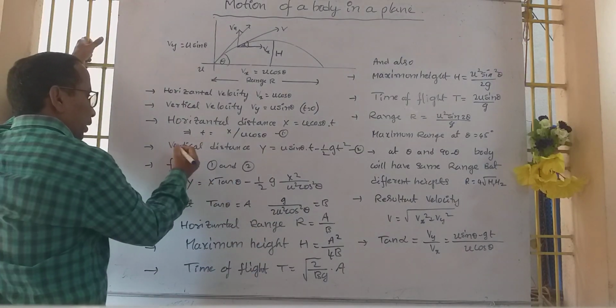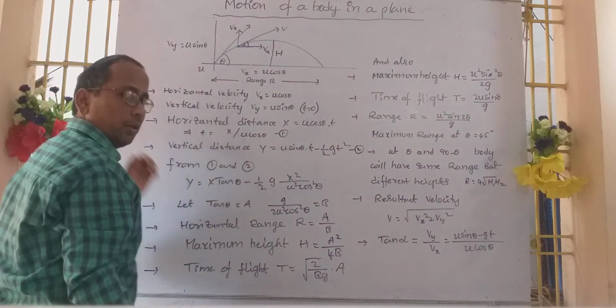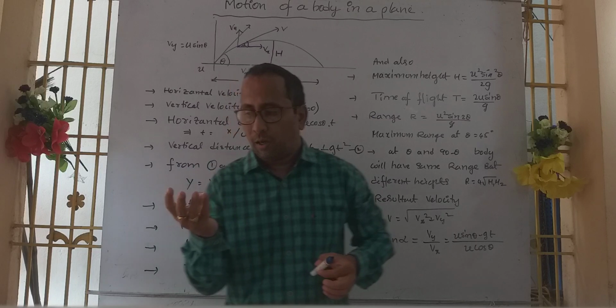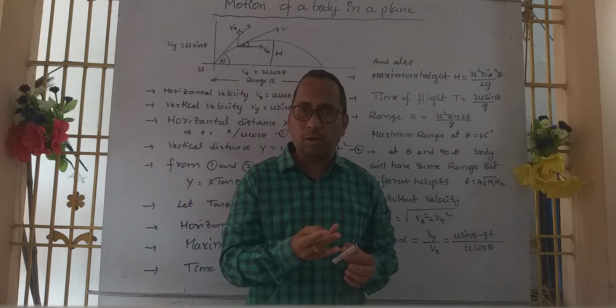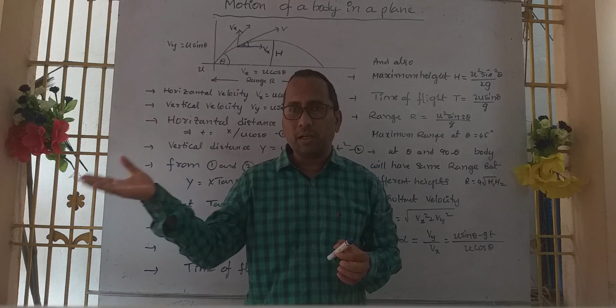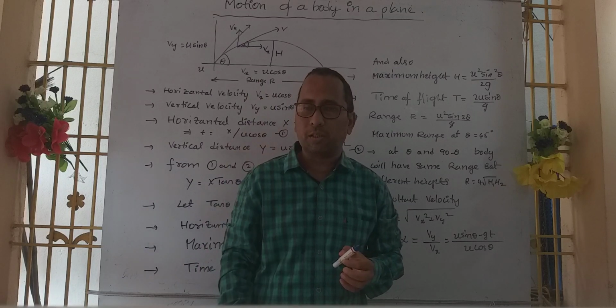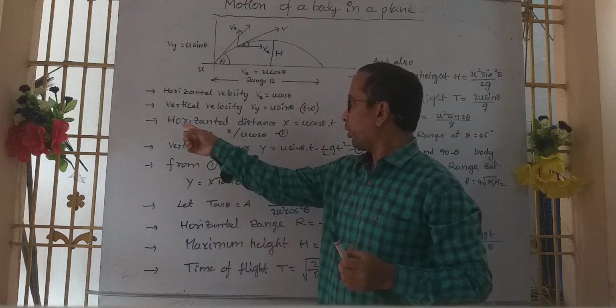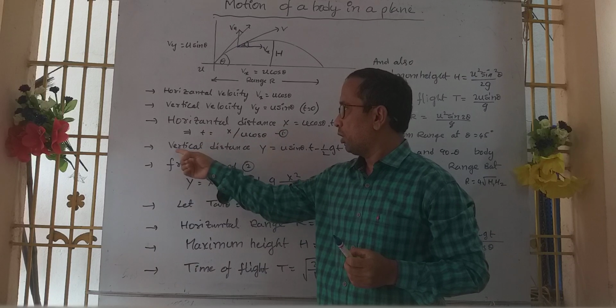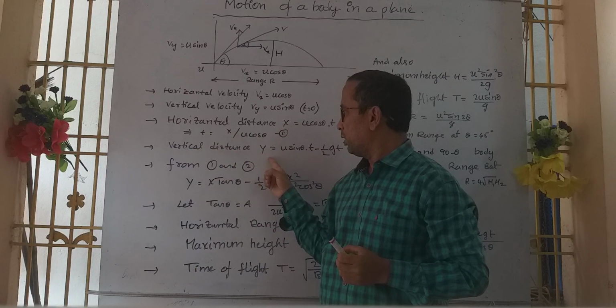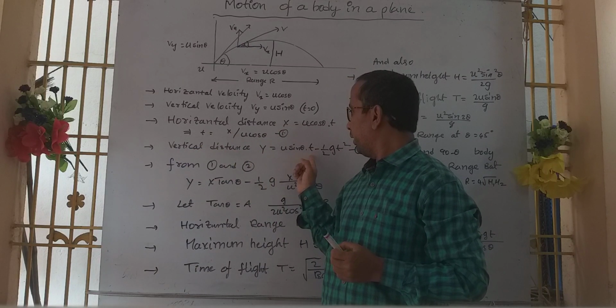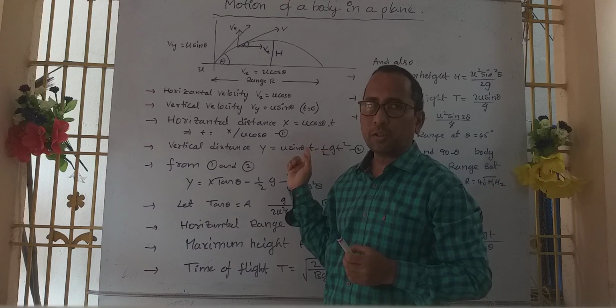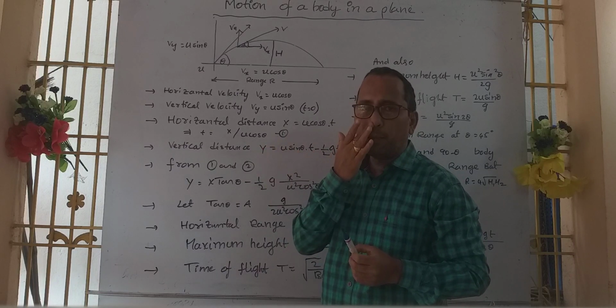Then after that, vertical distance. Here also we are observing horizontal distance because of horizontal velocity, and vertical distance because of vertical velocity. That's why vertical distance y is equal to u sin theta into t minus half g t square. So no need to remember or learn by heart.